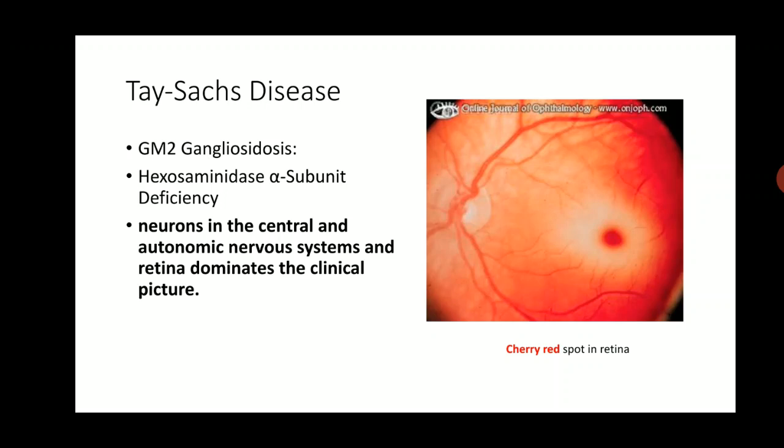Since lysosomes are abundant in the neurons and in the macrophages and reticuloendothelial cells, any storage within the lysosome will tend to be in the neurons and the monocyte macrophage system. These are the two cells commonly affected in all the lysosomal storage disorders.